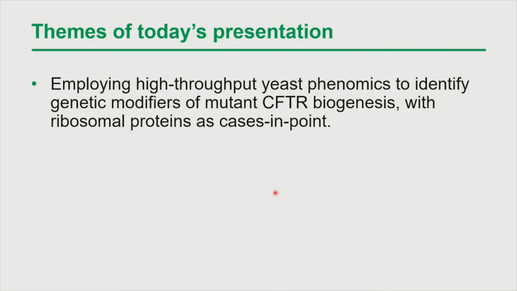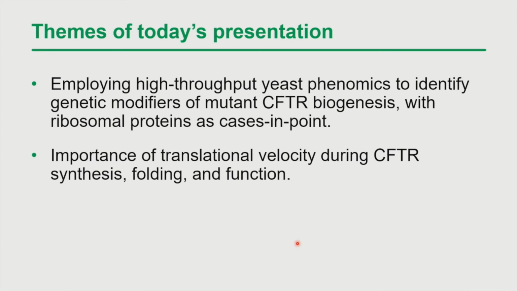I'd like to cover 3 themes during today's presentation. The first is how we employ high-throughput yeast phenomics to identify genetic modifiers of mutant CFTR biogenesis, and I'll highlight ribosomal proteins as a few cases in point.